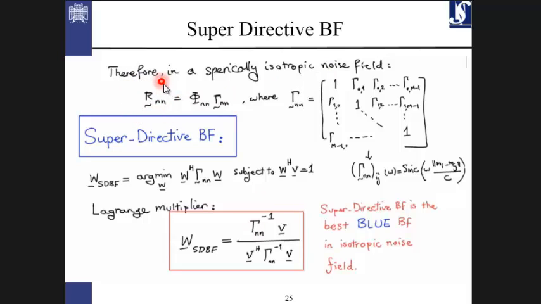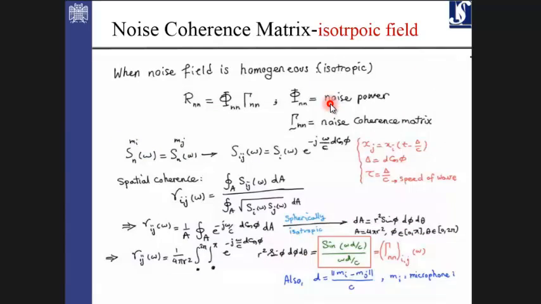This covariance matrix of the noise, which is the noise power times the coherence matrix of the noise, you can replace the coherence matrix with this, where the elements are extracted from what we wrote here.